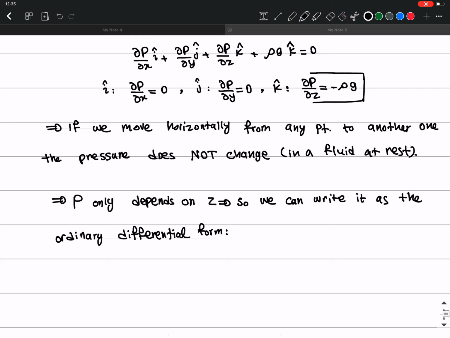So we can just write this as dP over dz equals minus rho g.